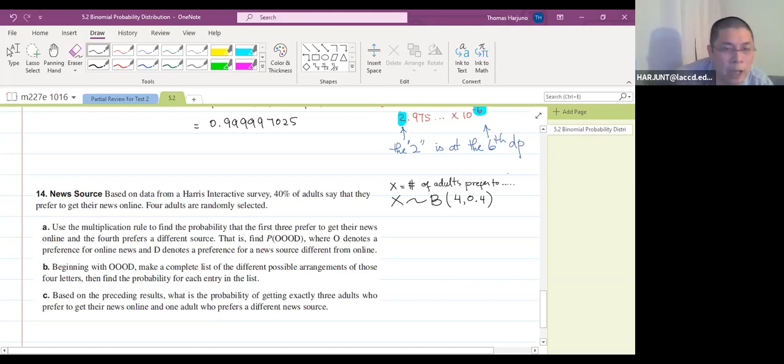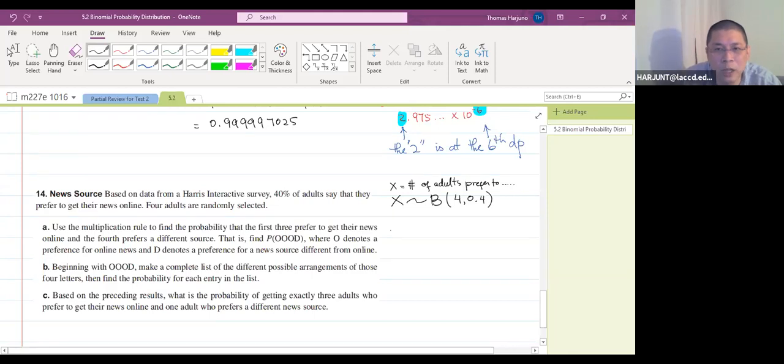Okay, now part A, we will see the internal building block of the binomial distribution. Use the multiplication rule to find the probability that the first 3 prefer to get their news online and the 4th prefers a different source.